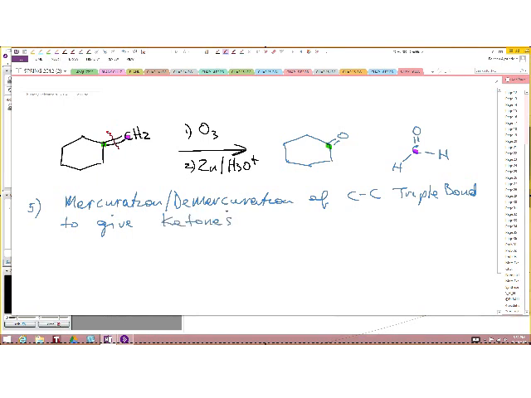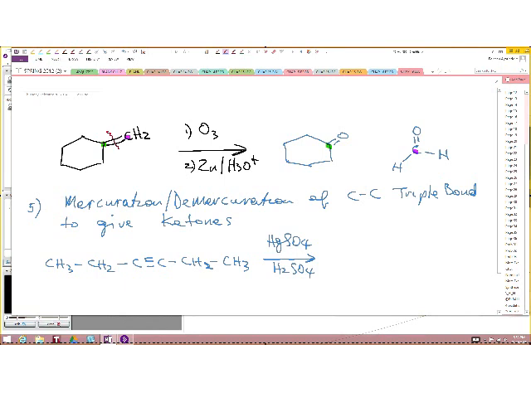This also, we've seen this before. So if we have this, and we use this reagent here, mercury sulfate. Okay, so I hope you guys are putting together your list of reagents. Mercury sulfate in the presence of sulfuric acid.